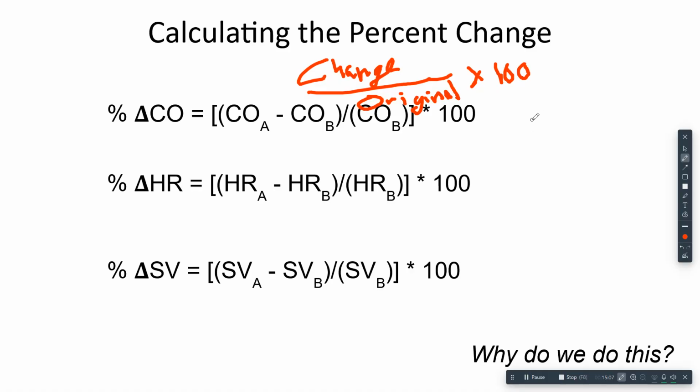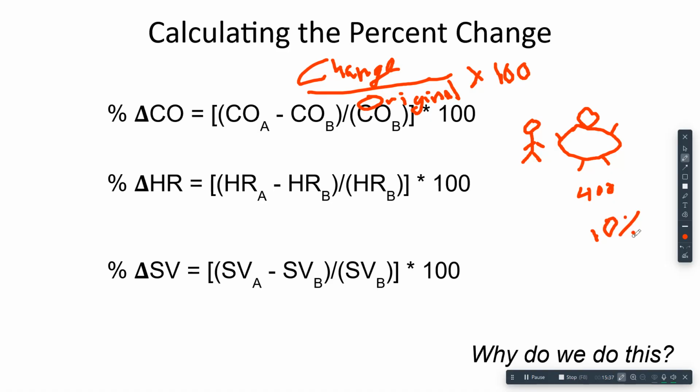The example I always like to use is if I have a really skinny guy and then a guy who is less skinny, and if they each lost 40 pounds, well, this guy, he started out weighing 400 pounds, right? So if we did the math, 40 over 400 times 100 gives me 10.